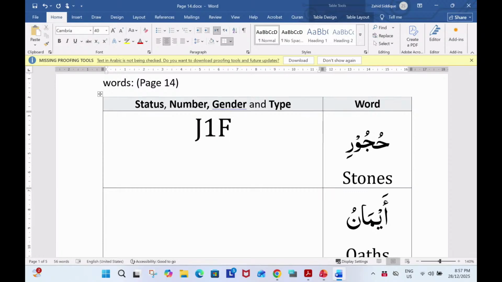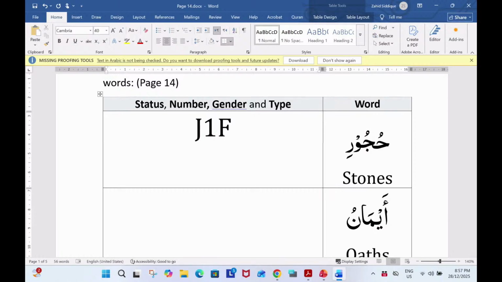Rayan, can you help me? Because common is default. The common is default. And when do we know that something is proper? When the word, the ism, would have al, alif lam, at the beginning, or then we have a proper name of somebody, or you are pointing to something.